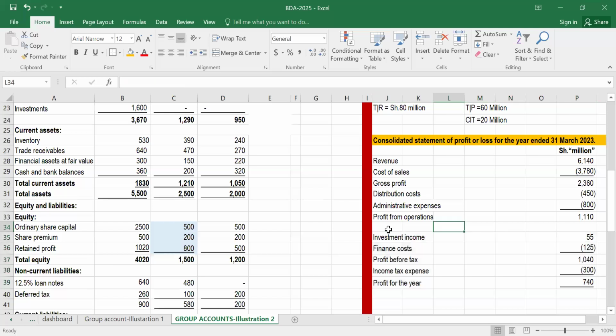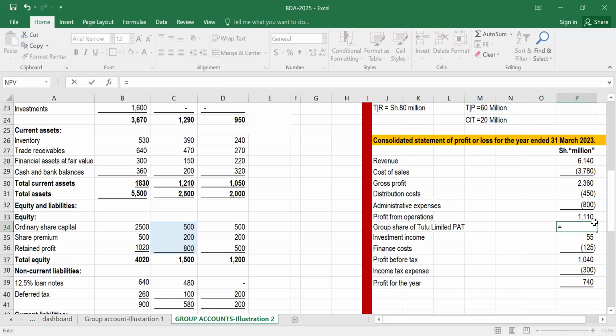Yes. So what I want to add here is what is called the group share of associate, which is basically 2 limited profit after tax. So how do I compute this one?